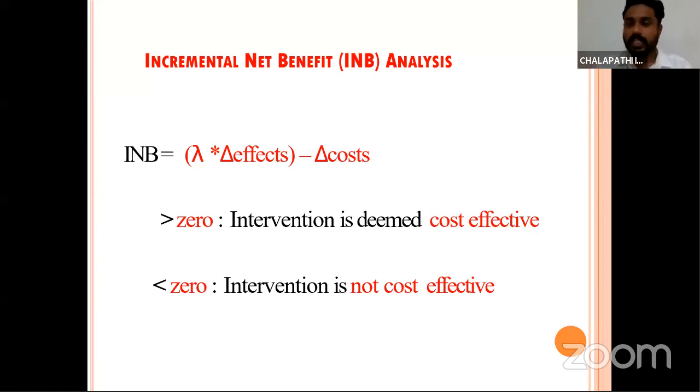But to do a decision analysis, you need to consider whether the patient or payer is willing to pay that much money, and accordingly do incremental net benefit analysis. It's a simple concept, don't think of too much analysis. When I am ready to pay the difference in cost, it will be cost effective. If I'm not ready to pay that much, it is not cost effective. That is the simple concept of incremental net benefit analysis.